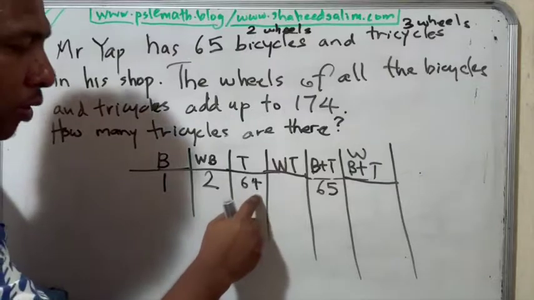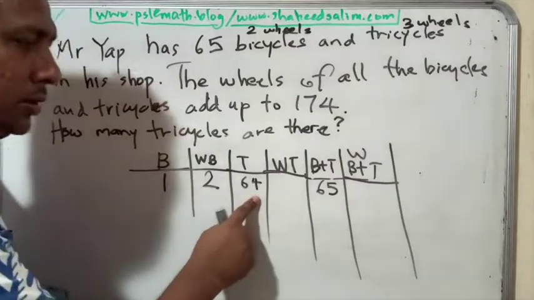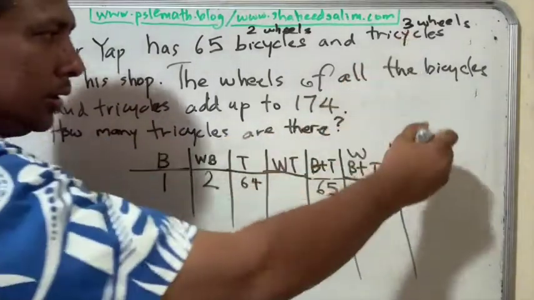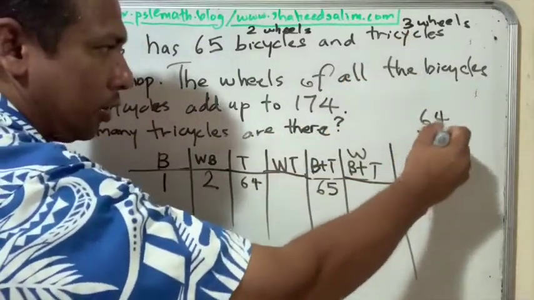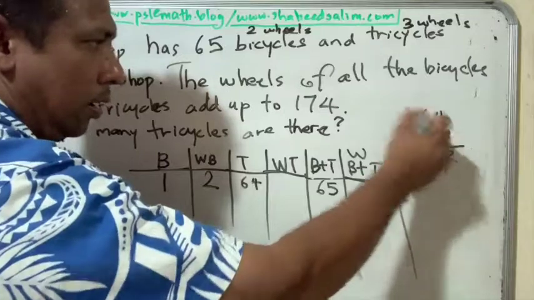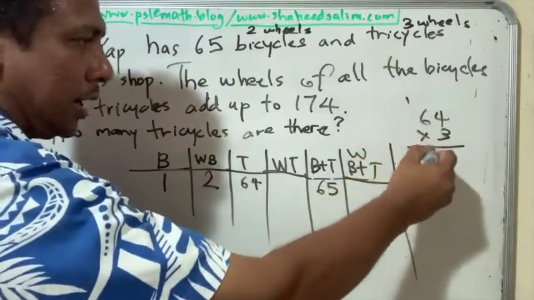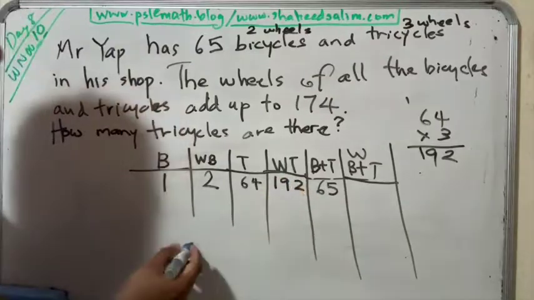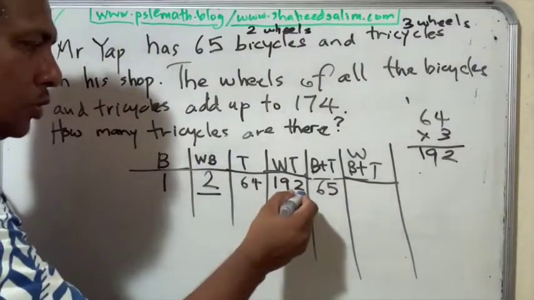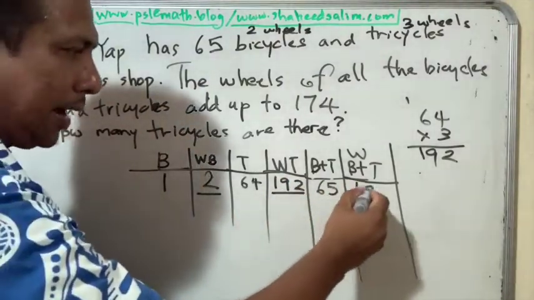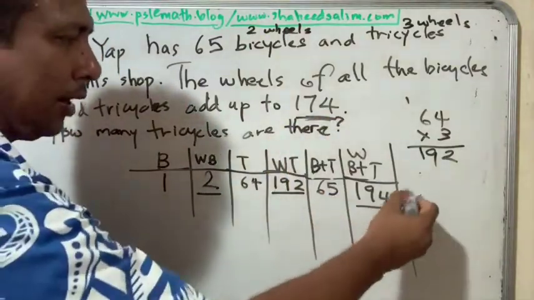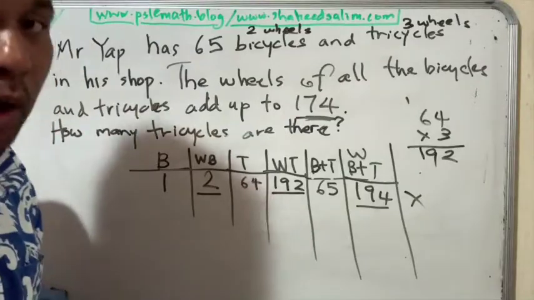And 64 tricycles has 64 times 3. 64 times 3, you get 192. So the total number of wheels is 2 plus 192, which is 194. We want 174, not 194. So this is out.